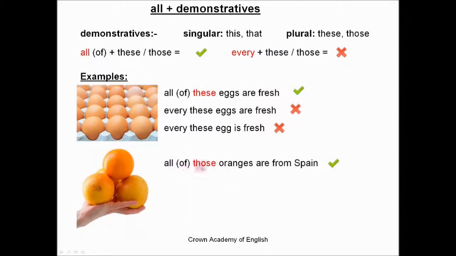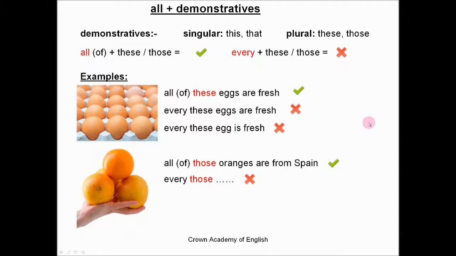That is correct. But we cannot say every those oranges. That is wrong because of the word every. So the conclusion here is if we want to use the word these or those in our sentence, then we must use the word all. Okay?